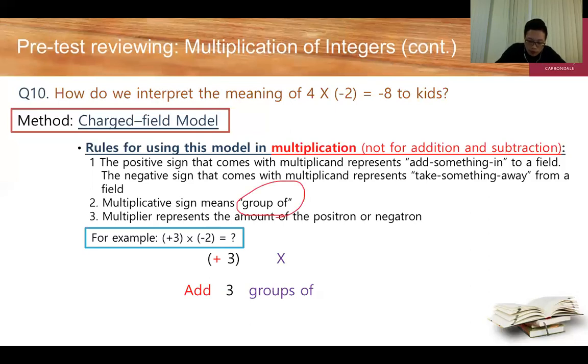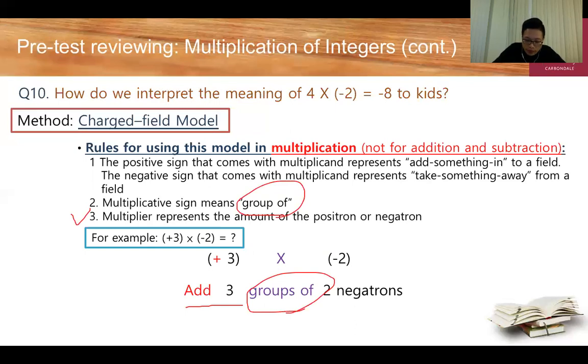So here we have add 3 groups of, and the multiplier is -2. That would be the multiplier, the third rule here. The multiplier represents the amount of the positrons or neutrons.